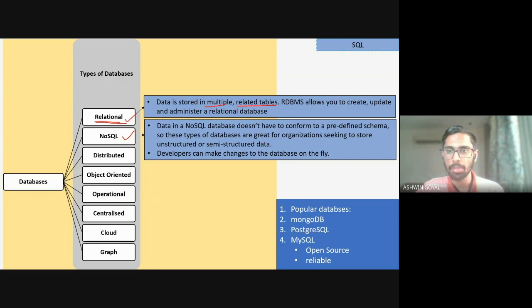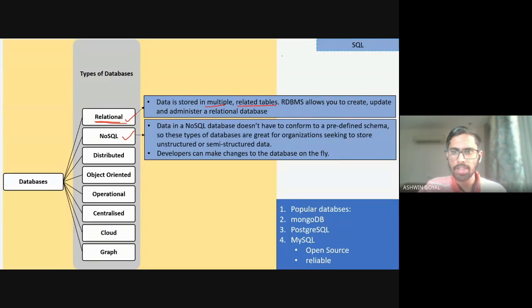A relational database management system allows you to create, update, and administer a relational database. So you are creating tables, updating them, linking those tables together, and making changes to them. That is RDBMS.